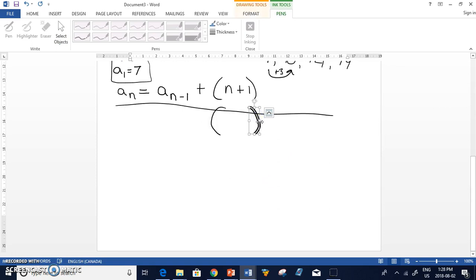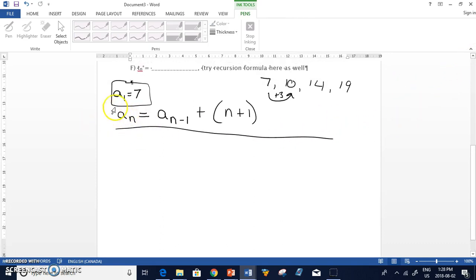Now let's see if we can use our given sequence to see if this will work for us. Okay, so this is my general term, or my recursion formula: an equals an minus 1, that's the previous value, which by definition has to be in a recursion formula somewhere, and then we're going to add n plus 1. So let's try looking for the value of a3, the third term in the sequence. a3 equals a3 minus 1 plus n plus 1.